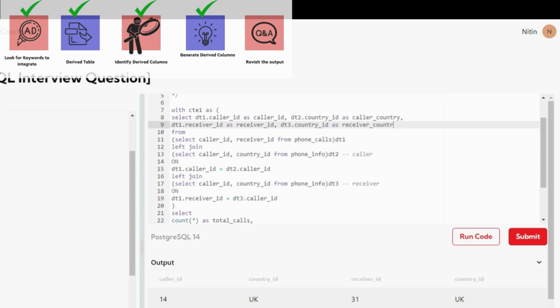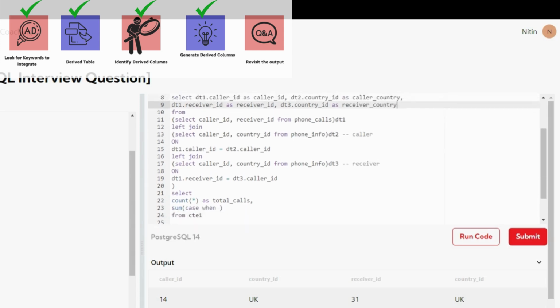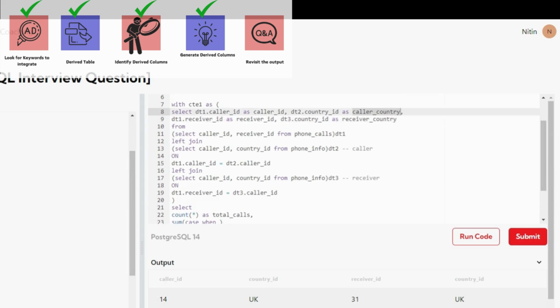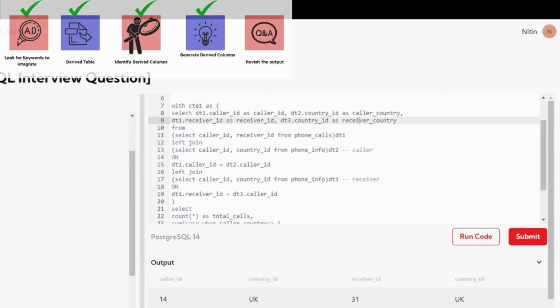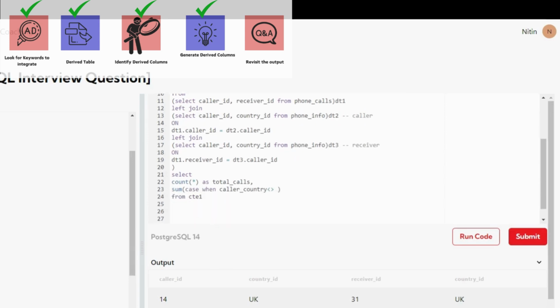I think now it makes more sense and easier to understand. So what I will do here is caller country is not equal to receiver country, then 1 else 0 end. Okay, so whenever those are not matching, I'll consider only those records as international calls.